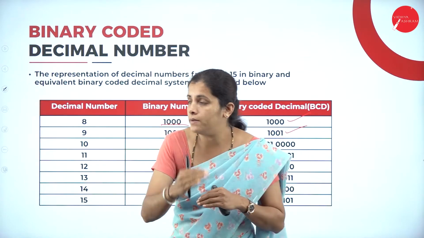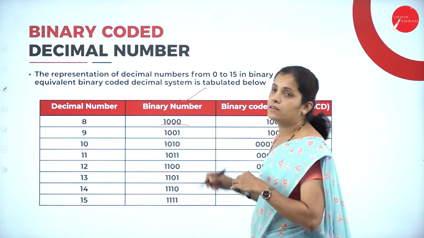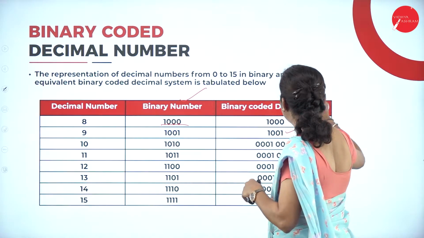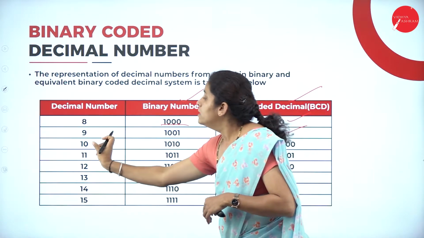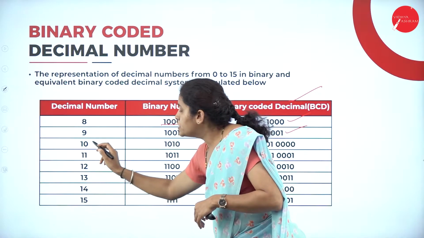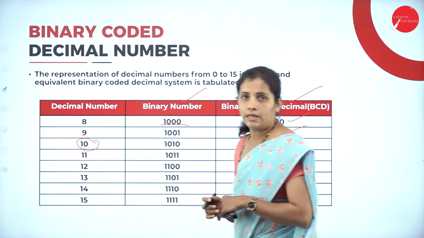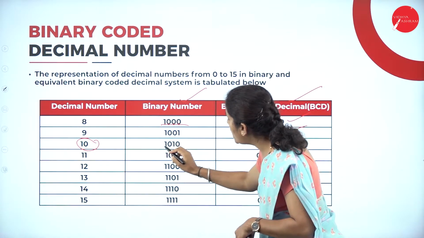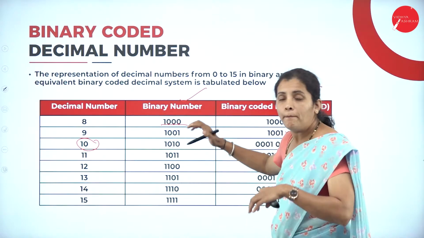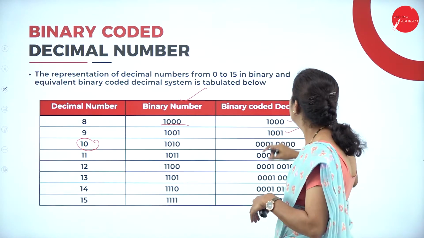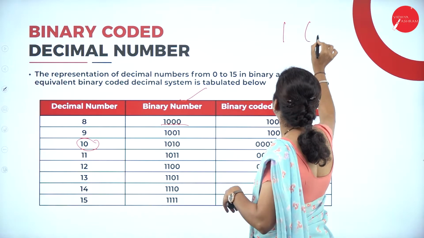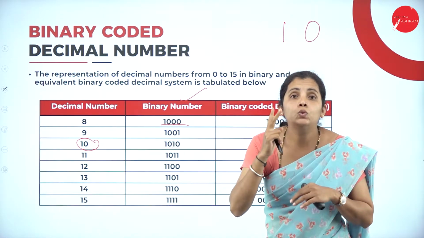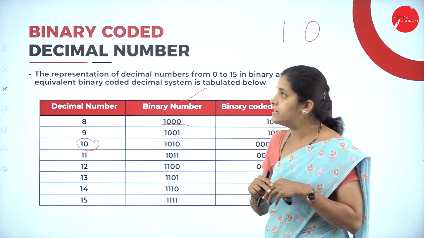From 10, the binary representation and the BCD representation both vary. So, what's the binary representation of decimal number 10? Here it is 1010. But in BCD, I'm going to consider 10 as 2 different digits.